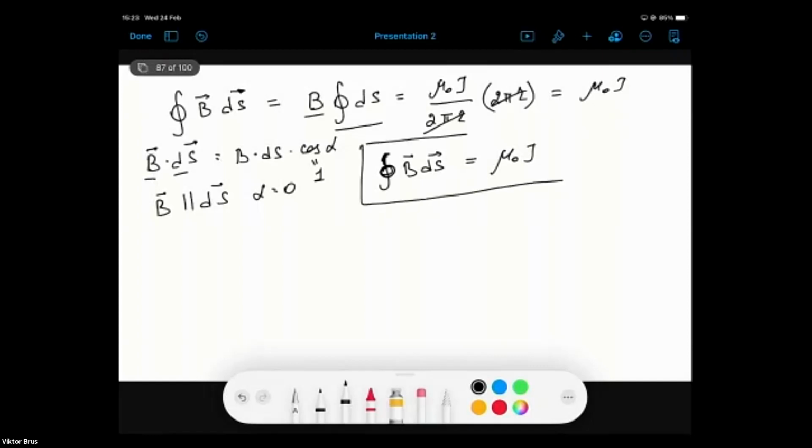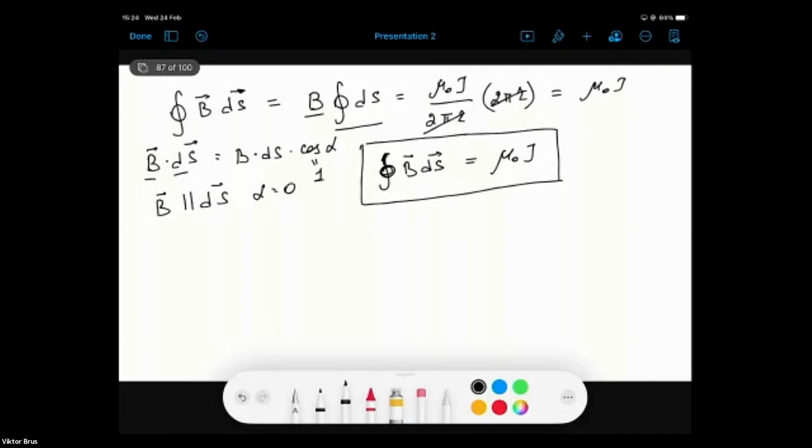So this is a mathematical expression of Ampere's law. And this law has some similarities with Gauss's law in electrostatics, because Ampere's law is used to determine the magnetic field created by different combinations of electric currents, similar to Gauss's law, which is used to calculate the electric field created by different systems of electric charges.